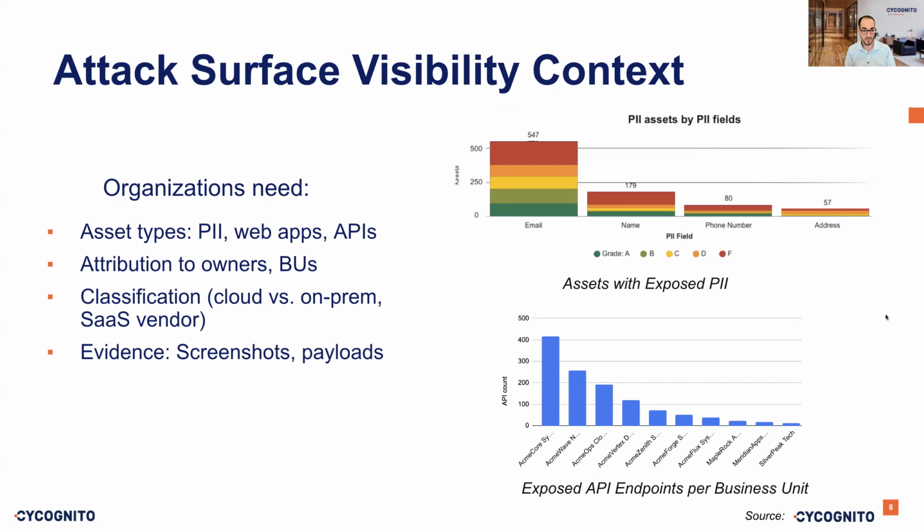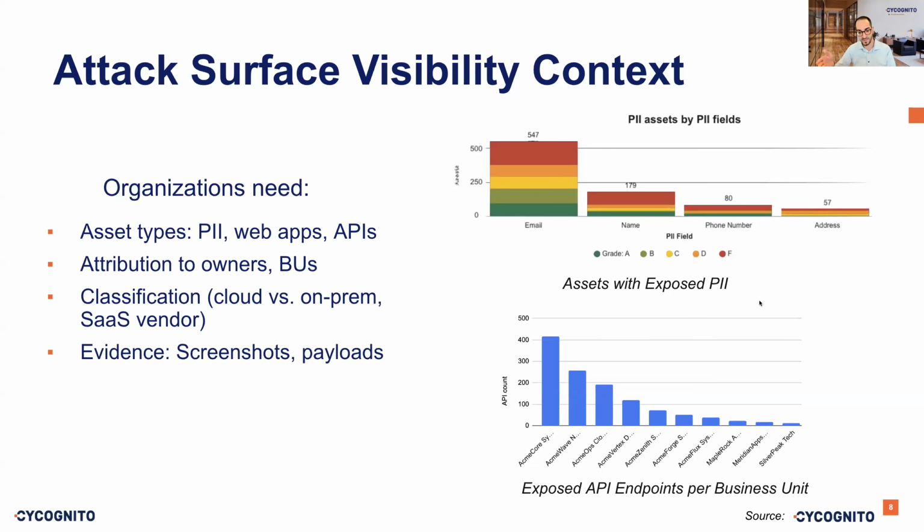Then if you look at, for example, API endpoints, the world is now being driven by APIs. You really want to know where they are, who owns them. And we can see at the bottom, for example, this distribution of different business units.